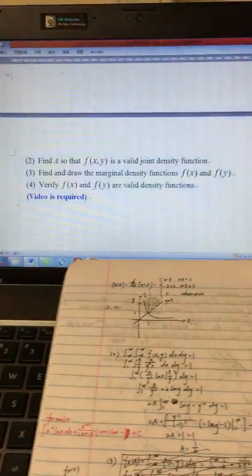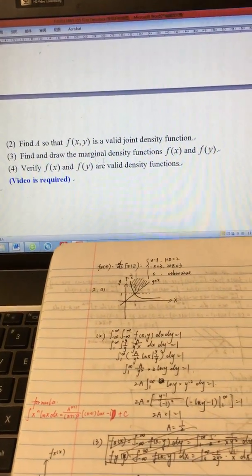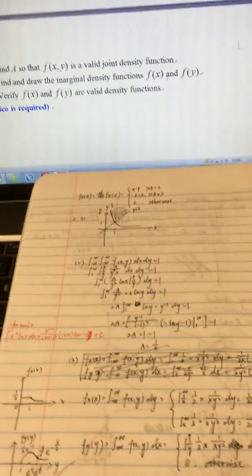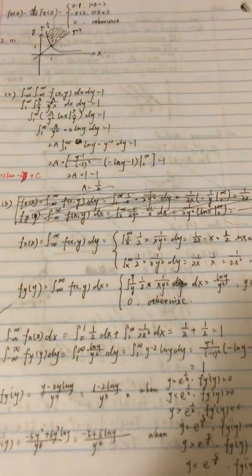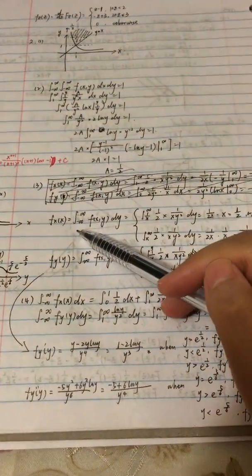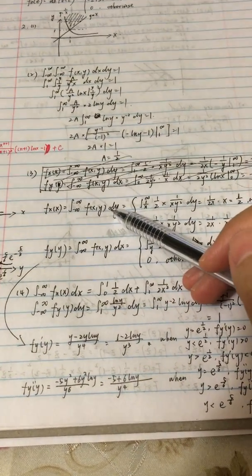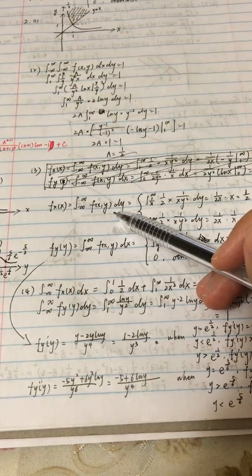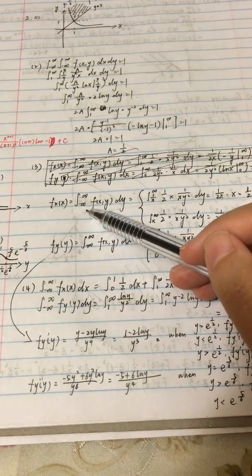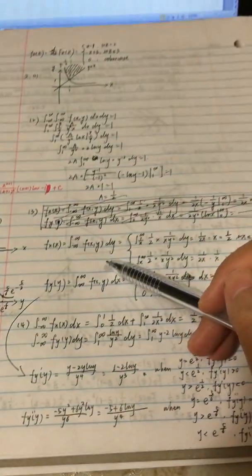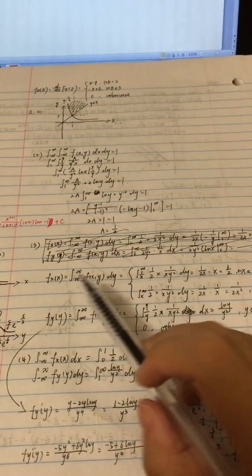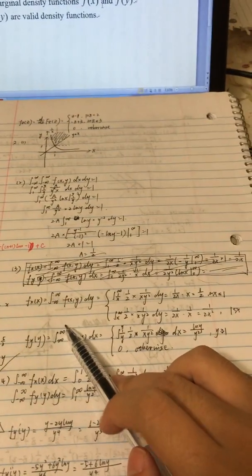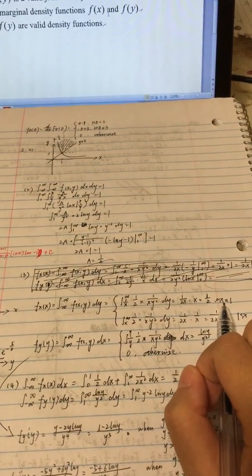For the third sub-question, find and draw the marginal density functions fX and fY. fX is equal to the integral of f(x,y) dy from minus infinity to infinity. To calculate the expression of fX, we should discuss the range of x.